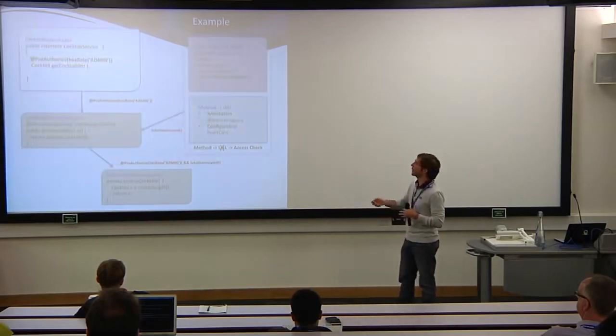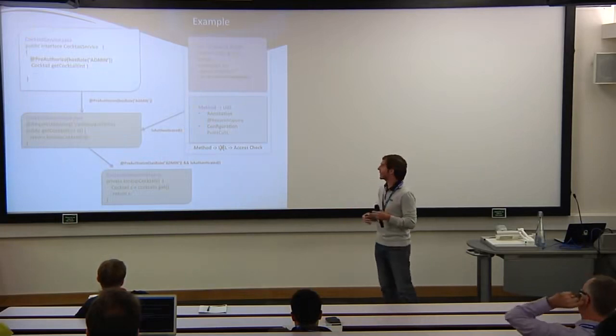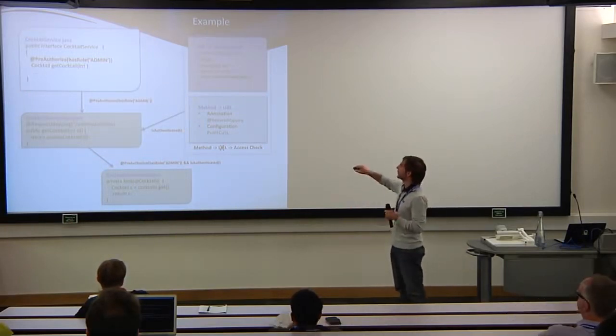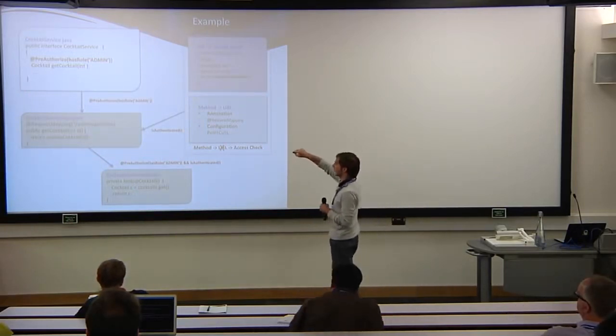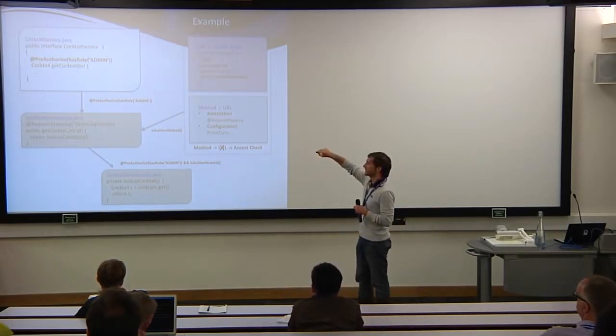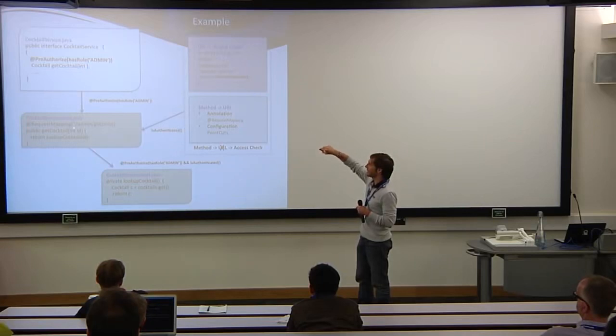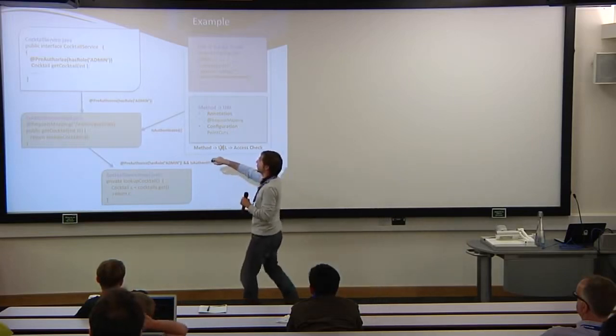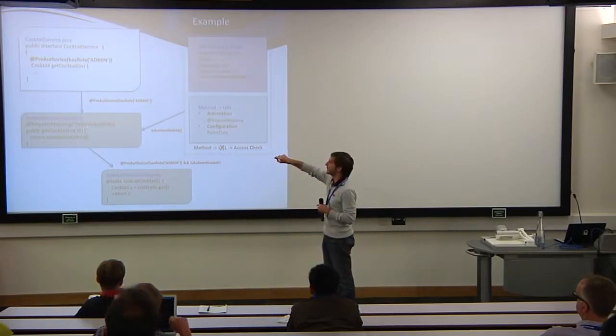Now, a more complex or more realistic example: we have the same idea of a getCocktail method here in the middle. However, the authorization check is not placed right in the implementation method, but in the interface. So this interface declaration, and here the method implementation is inheriting the authorization check from it. But also, if you see, there is a mapping here to the admin URL.